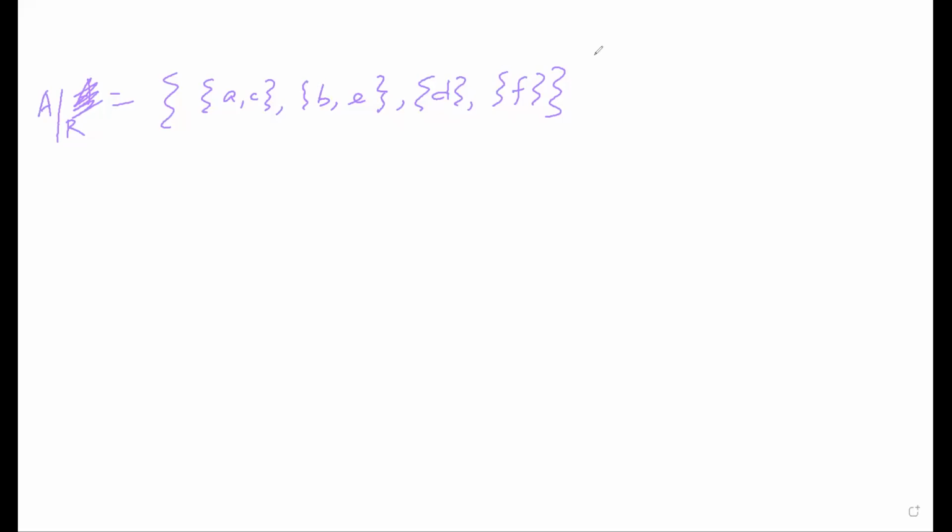How many elements are in the quotient set? 4, sir. That's right. Those elements are 1, 2, 3, 4. This set A/R has 4 elements in it.